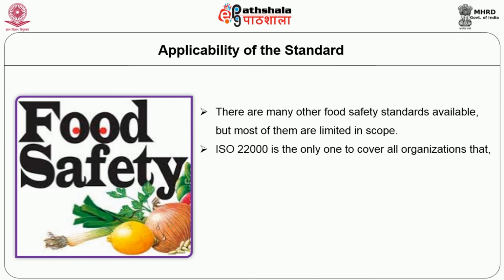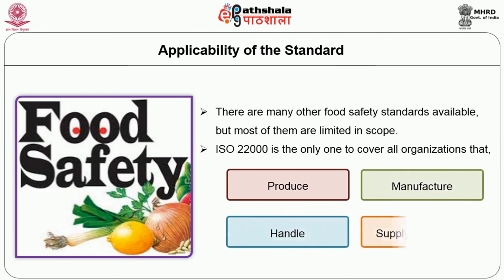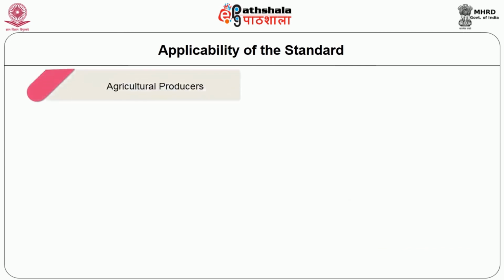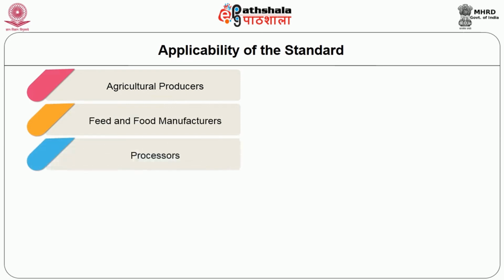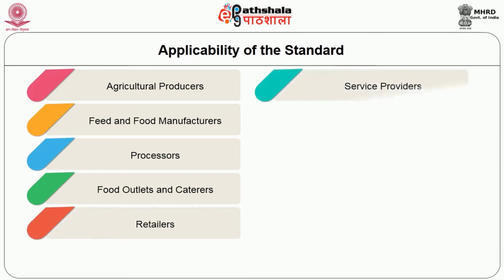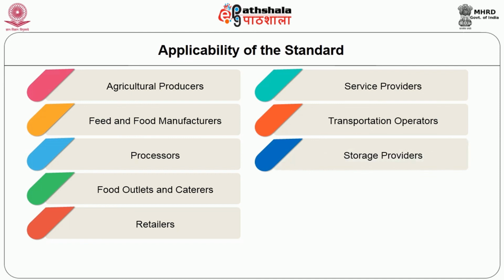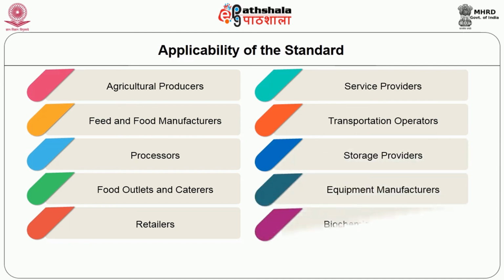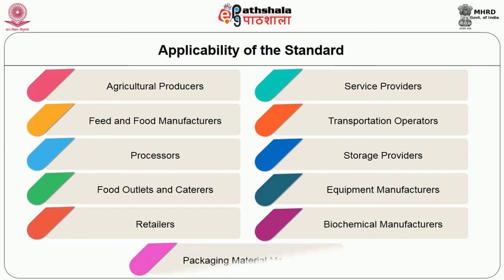ISO 22000 is the only one to cover all organizations that produce, manufacture, handle, or supply food or feed as such: agricultural producers, feed and food manufacturers, processors, food outlets and caterers, retailers, service providers, transportation operators, storage providers, equipment manufacturers, biochemical manufacturers, and packaging material manufacturers.